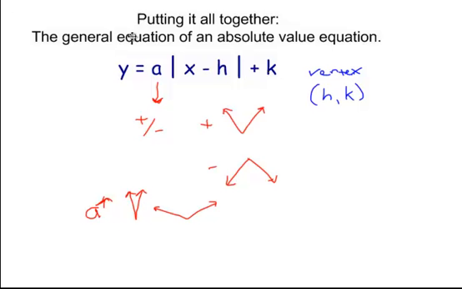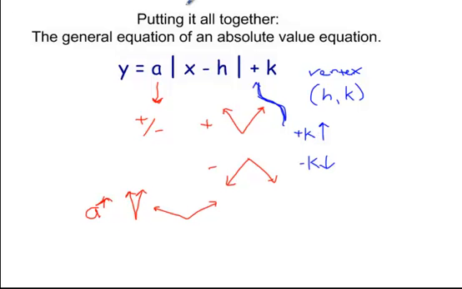Well, remember that whenever there was the y move and it said plus, plus moved up. So a positive k value goes up and a negative k value goes down.